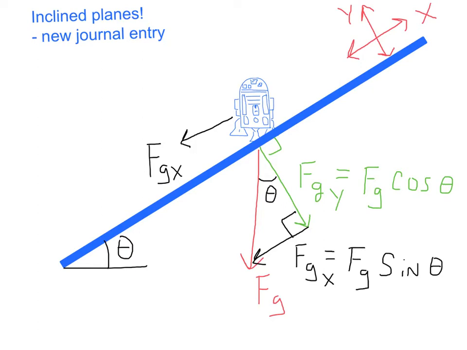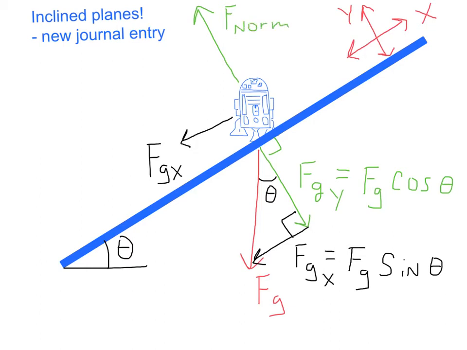And if that's the component of gravity pulling R2D2 down the plane, then our green arrow is representing the amount of gravity that's pulling R2D2 into the plane, which is then being counteracted by the normal force.